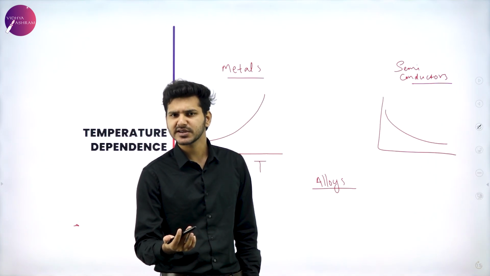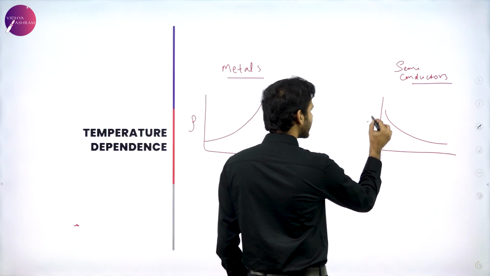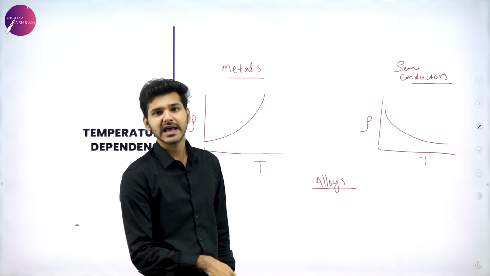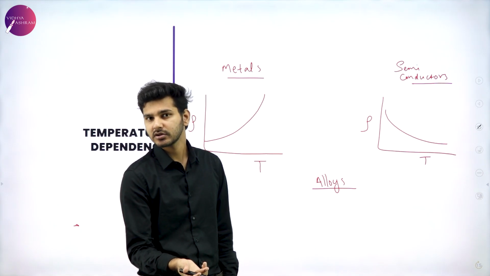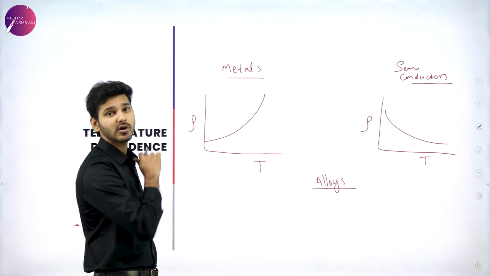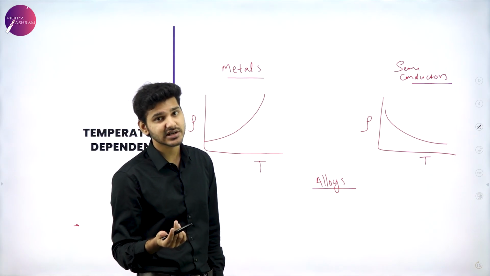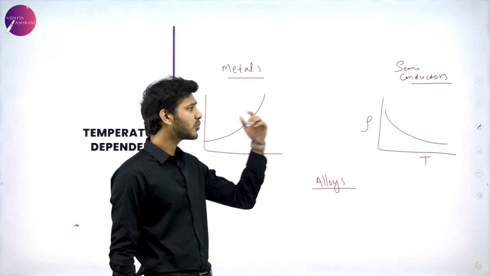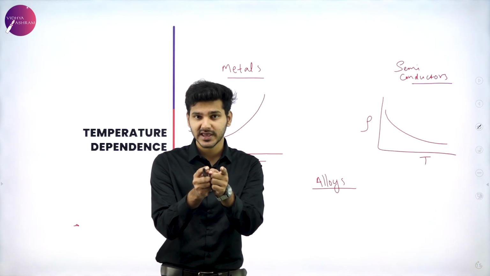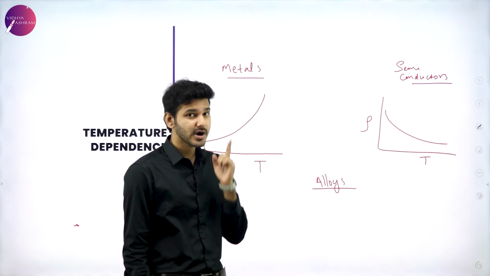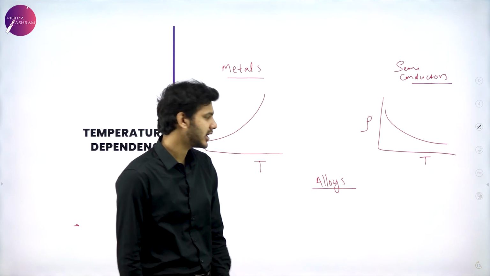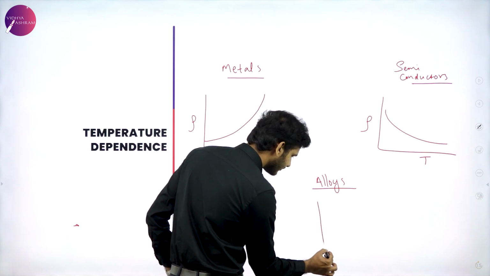That is, resistivity rho decreased as I increased temperature. Now, why would that happen? For metals, it went exponentially up, because as temperature increases, resistance went up. But why would semiconductors behave differently? That will be explained very shortly. But there is one more material that behaves quite sporadically. That is alloys.